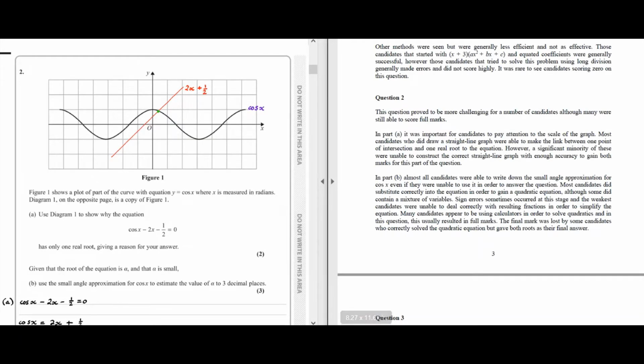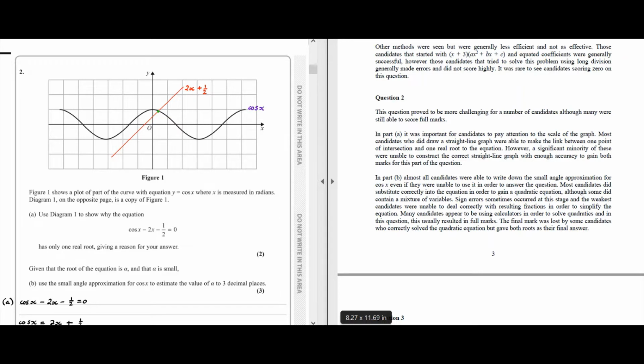Question number 2, examiner report wise. This question proved to be more challenging for a number of candidates, although many were still able to score full marks. In part A, where we had to use the diagram to show why this equation equals 0 has only one real root, it was important for candidates to pay attention to the scale of the graph.